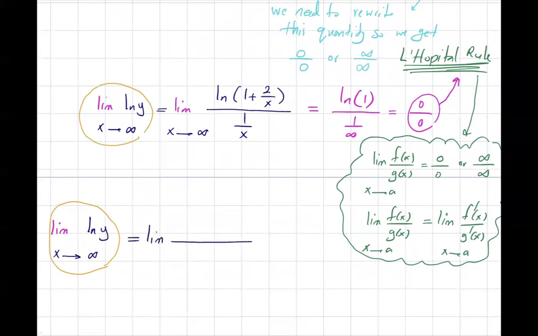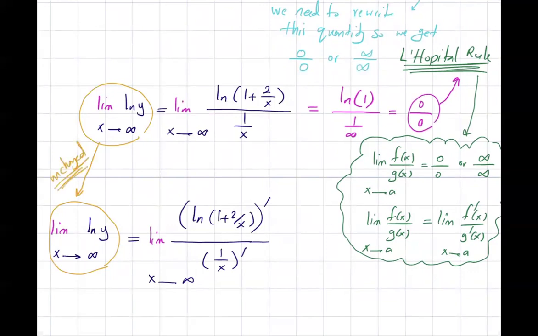I'm going to take the derivative of ln(1 + 2/x) and divide it by the derivative of 1/x as x goes to infinity. So we only apply L'Hopital's rule on the right-hand side. We don't have any issue with the left-hand side. You cannot change the left-hand side. Unchanged. But for this part, we're applying L'Hopital's rule.